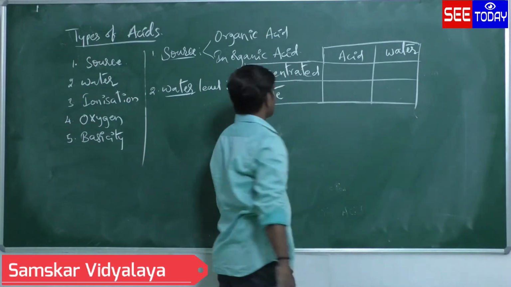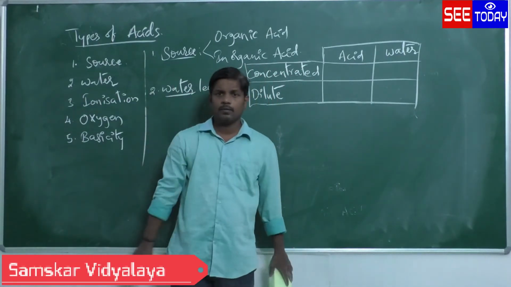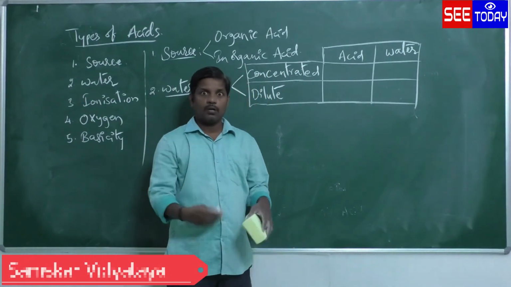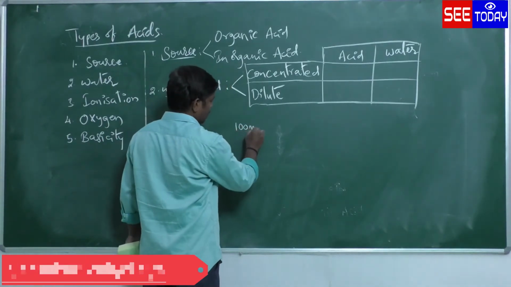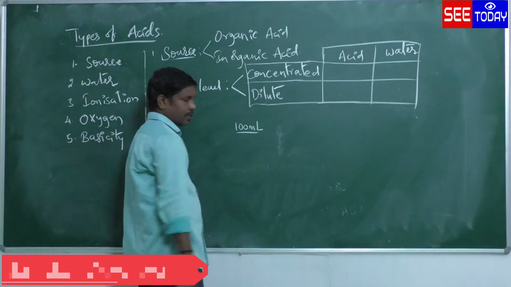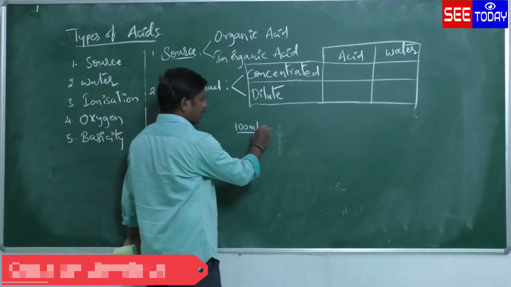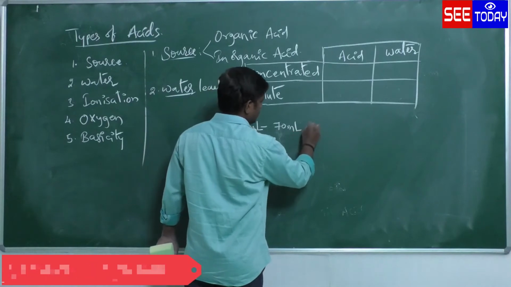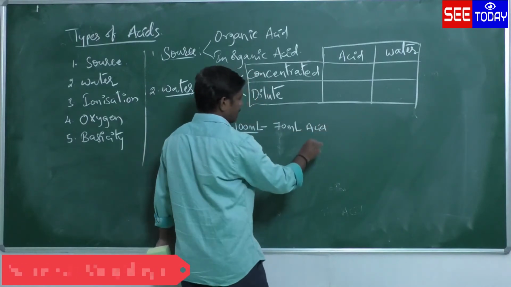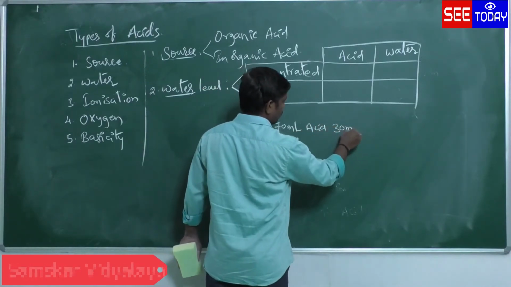See here, you have taken an acid and you have tested and confirmed that you have taken 100 ml of acid, and in that there is 70 ml acid and 30 ml water.